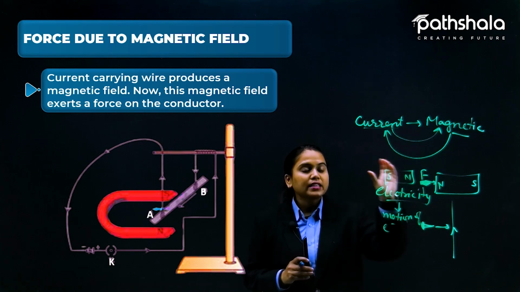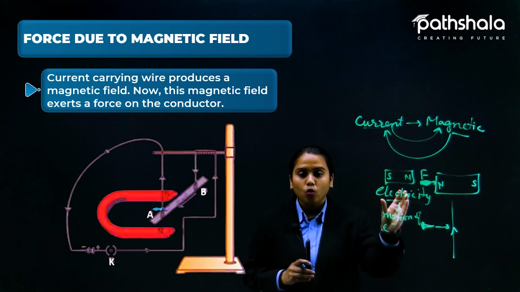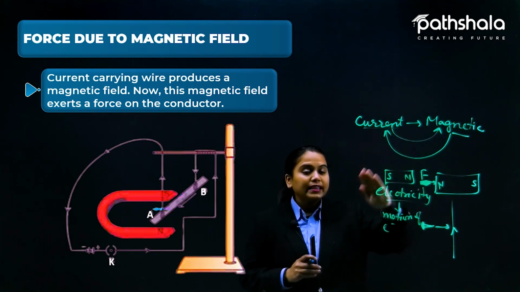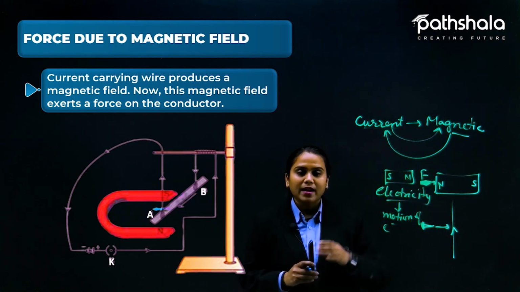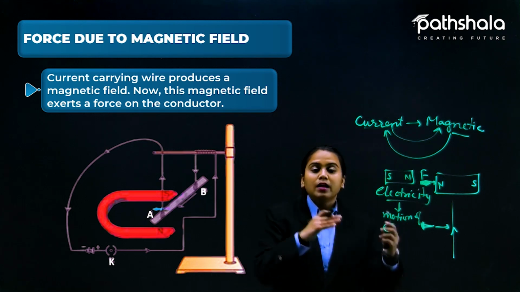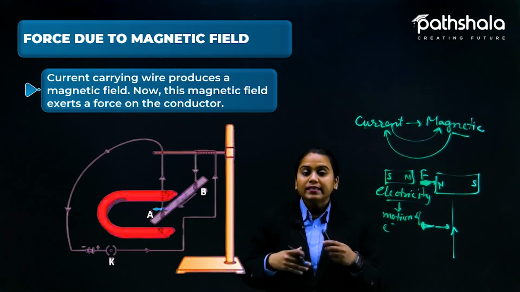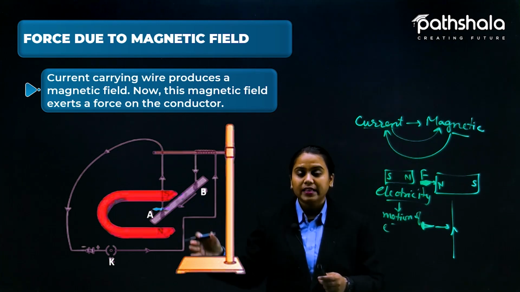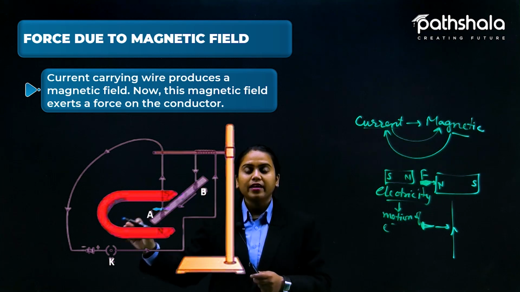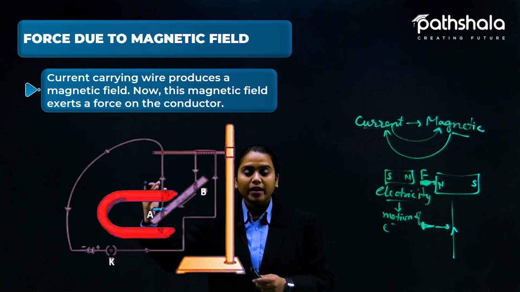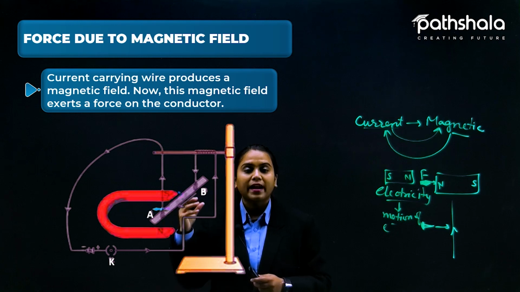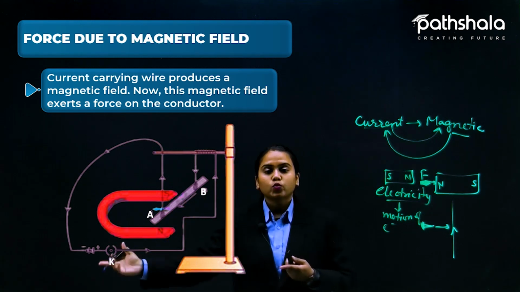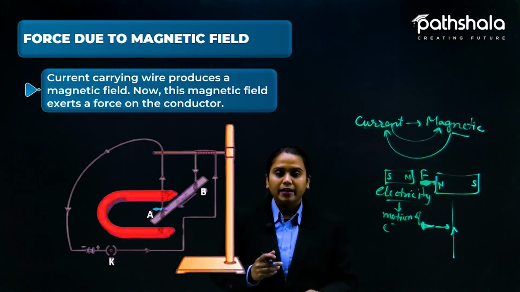This particular magnet has its own magnetic field, and this particular magnet has its own magnetic field, and due to the clashes of these magnetic fields, they both will provide a certain force on each other. That is the same thing that we have seen here. This rod is having a force around it due to the magnetic field it is producing, and that magnetic field clashes with this bar magnet's field.